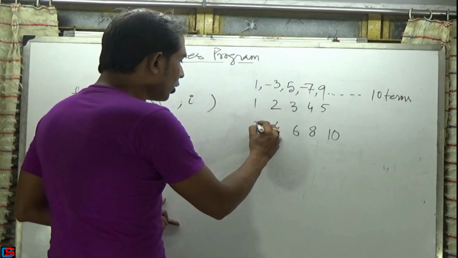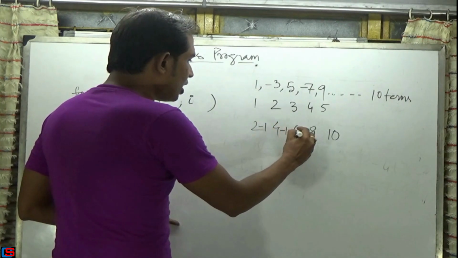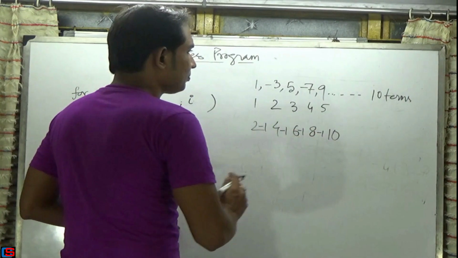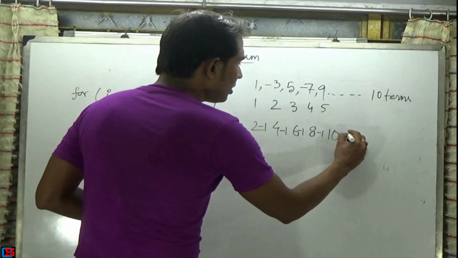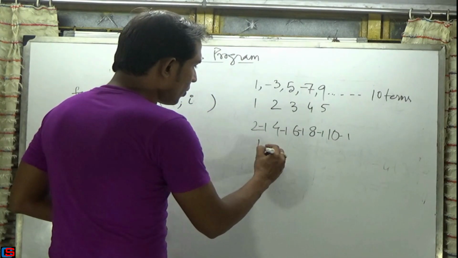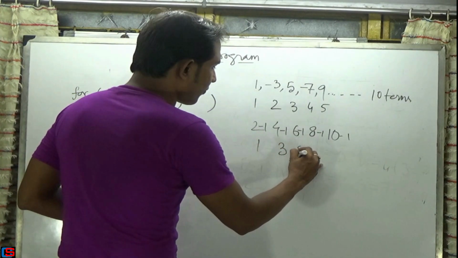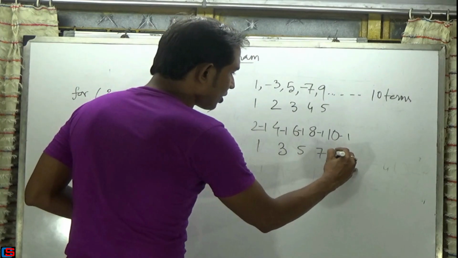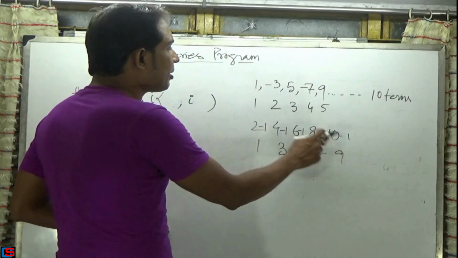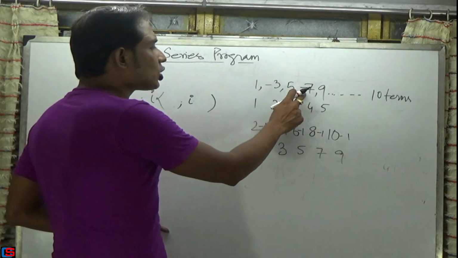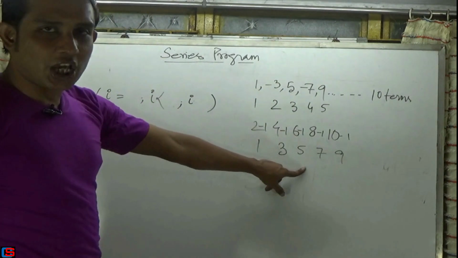And then I subtract 1 from each number. So it becomes 1, 3, 5, 7, 9. So the series is generated, but the sign is not generated in this case.